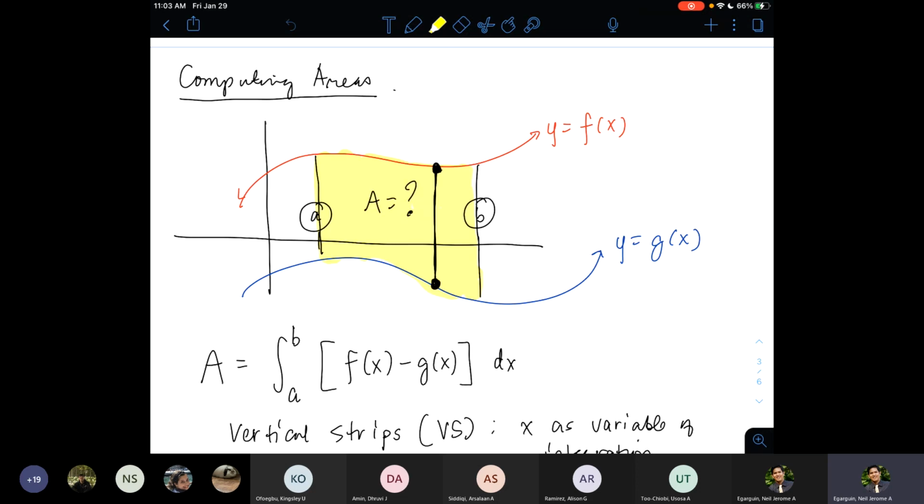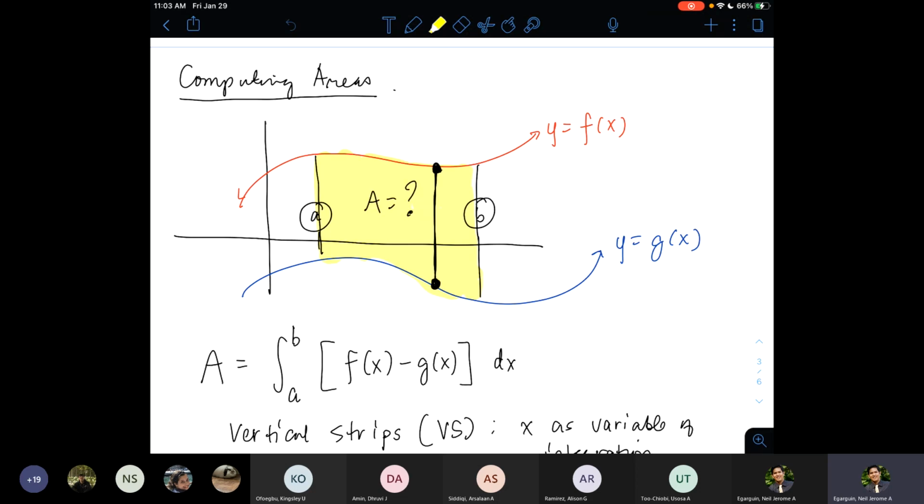So for computing areas, as we have discussed last meeting, it's about setting up the integral, right? But in order to set up the integral, you should have a good idea of how the graphs of the functions look like, or how the shaded region will look like. So that's the first step. Have a good idea of how the region looks like.